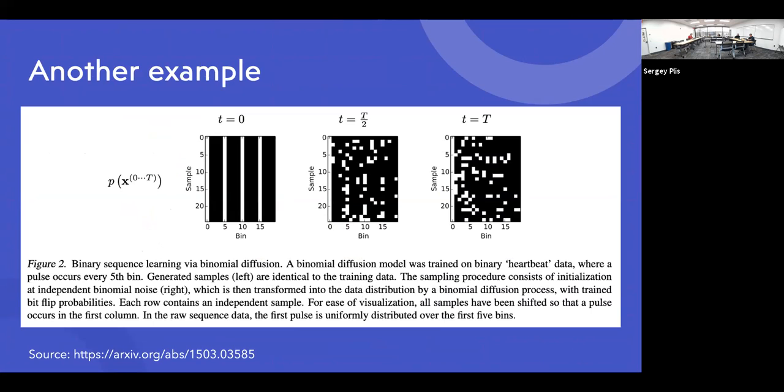This is another example. These two examples are from a different paper because I thought they were a good way of visualizing it first. So the original data is on the left, and what they're showing is the generated samples, but they're identical to the training data. They give us input, the right one, with the first row being all ones, I guess, plus a lot of binomial noise, because this is a binomial example.